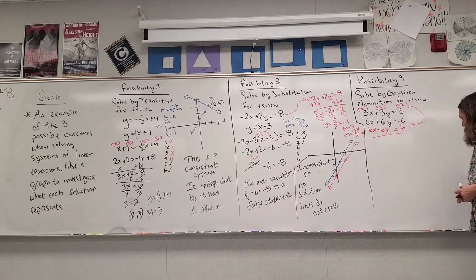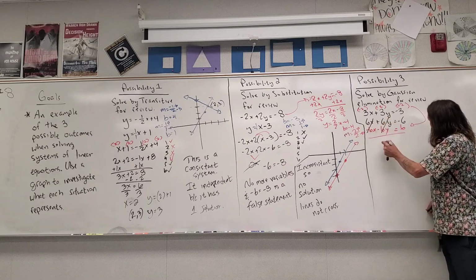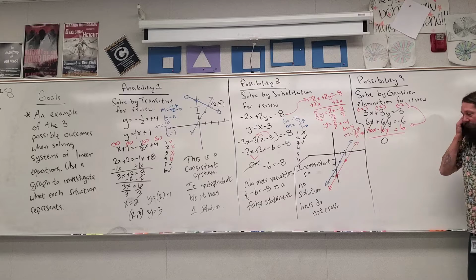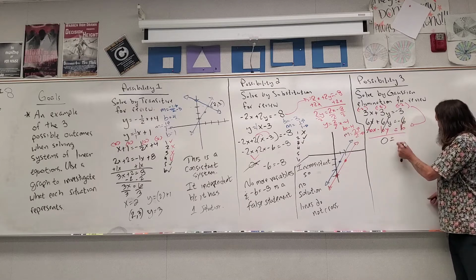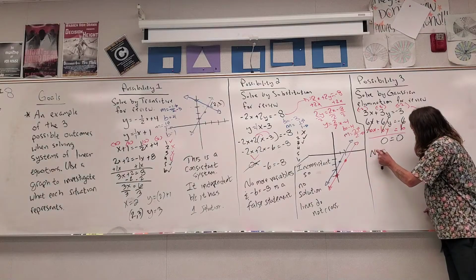And let's see what happens to our equation here. You cancel, so that means that side is equal to 0. These cancel, so that side is equal to 0. Again, no more variables.